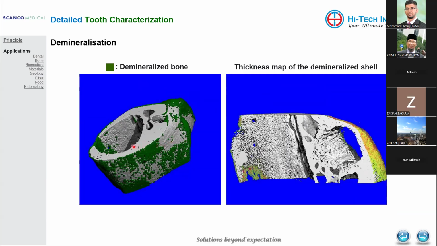The green color here indicates the demineralized layer, which has a lower density. And we can also convert all this green layer into a thickness map. You can see that the red color is the thickest compared to the green and the blue color.